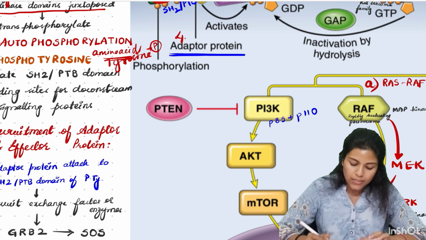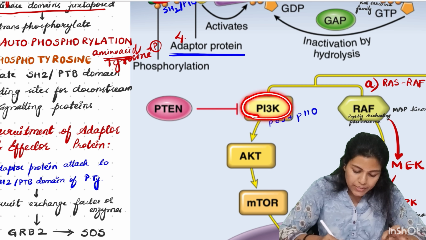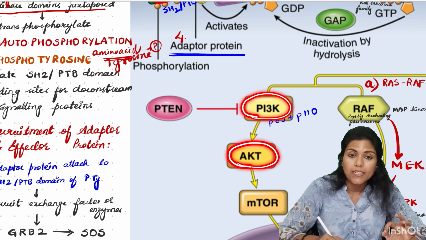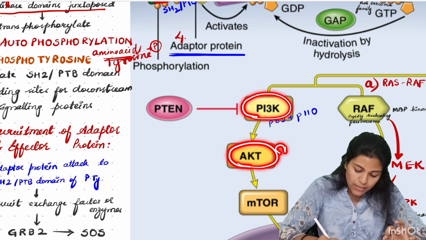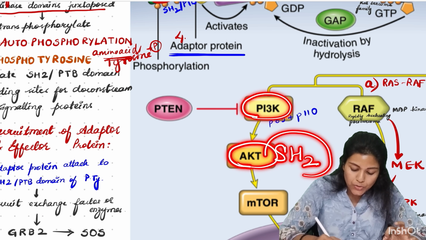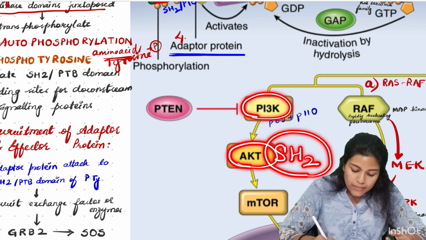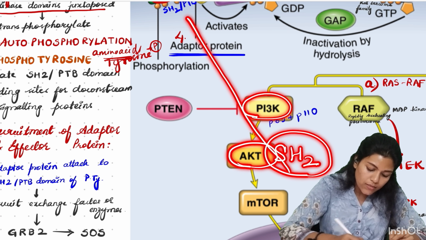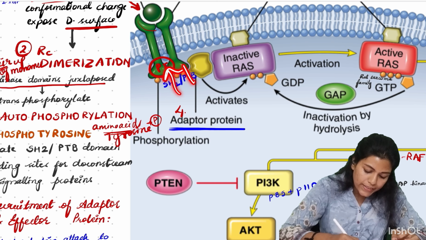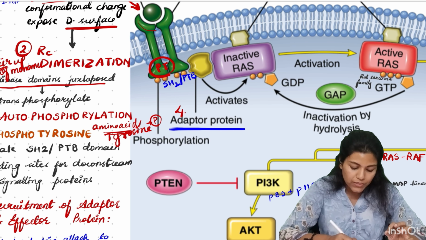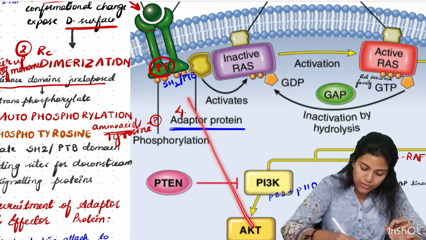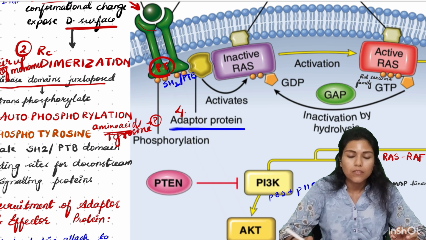Here we'll see this flow. This PI3K molecule present inside the cell or the AKT molecule present inside the cell has these SH2 domains. These get recruited, they get attracted towards this binding site.